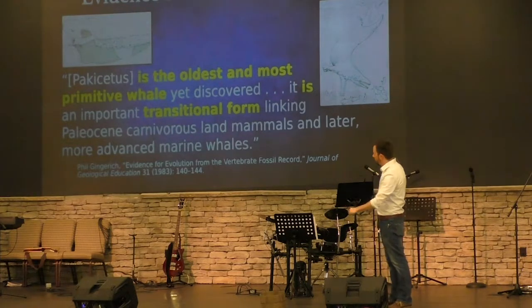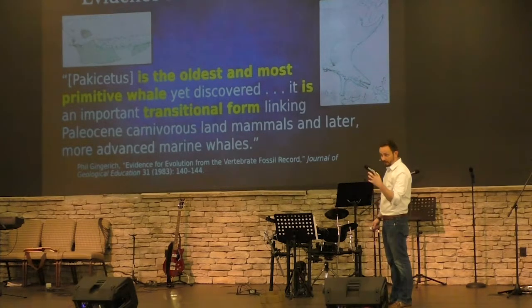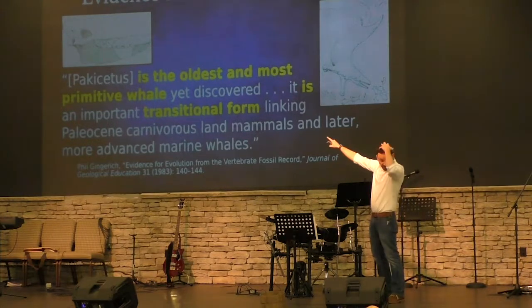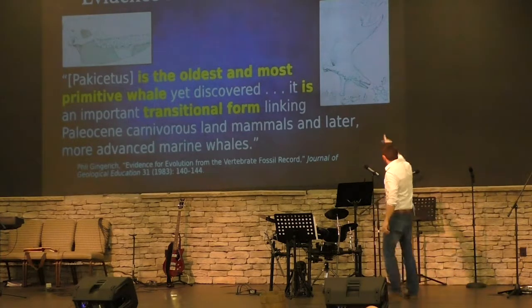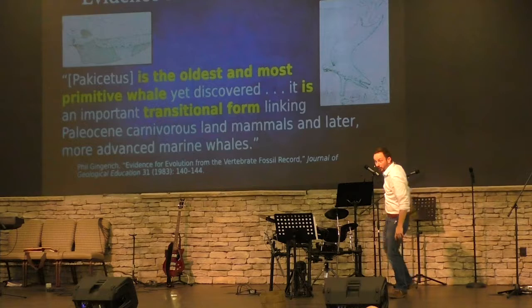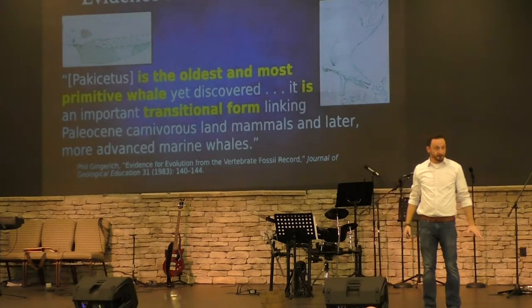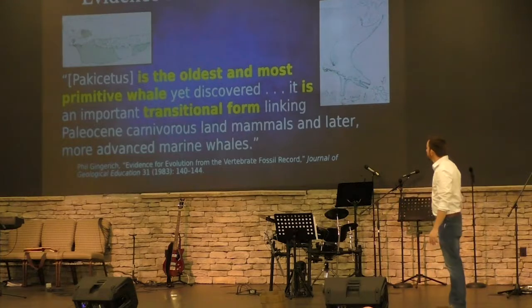The part in gray is what the artist drew in based on what they found. So what they found was the top of a skull and a piece of a jaw. And they drew from that top of a skull and that piece of a jaw this entire creature, which has never been seen before. That's some creative license.